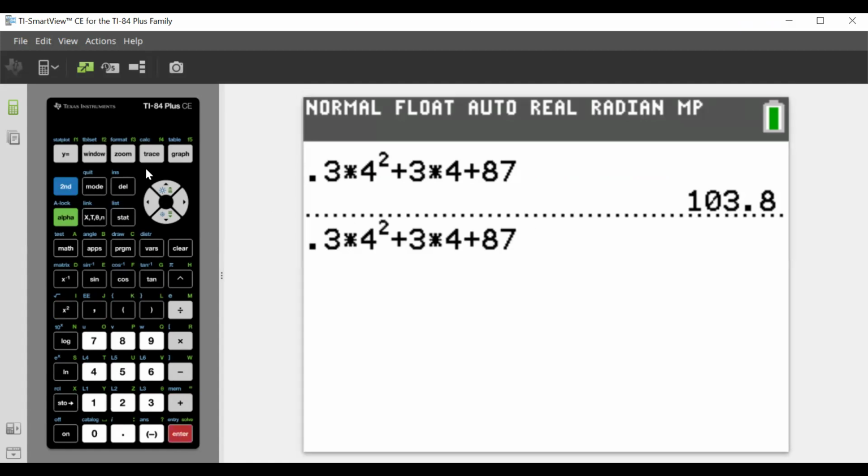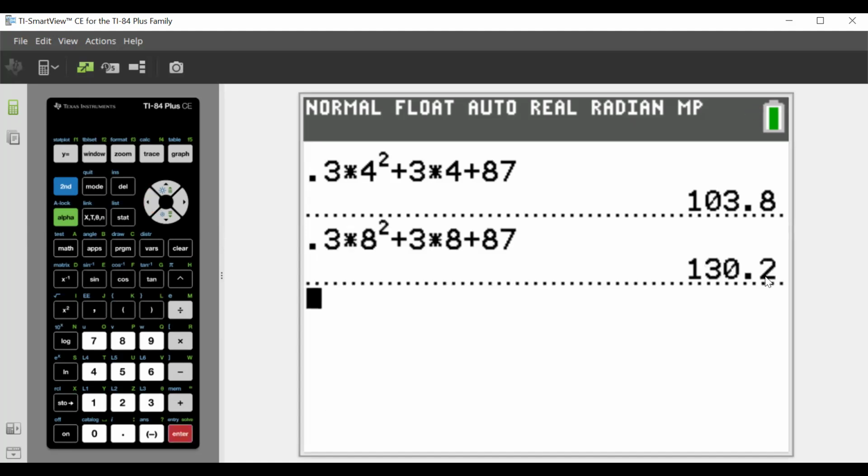So let's plug in another one. Instead of 4, let's do 8. That's 130.2, and an 8 is supposed to be 130.